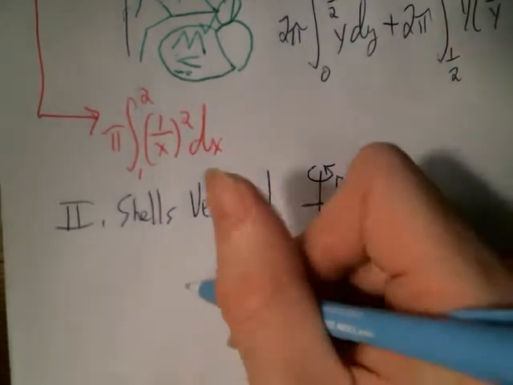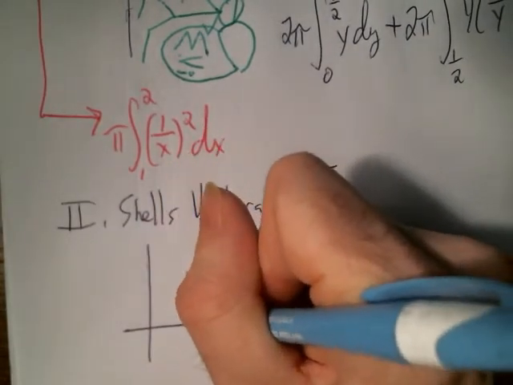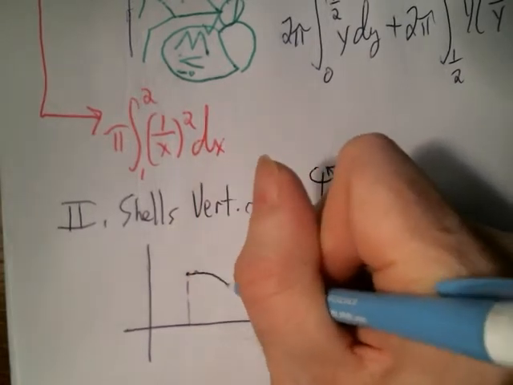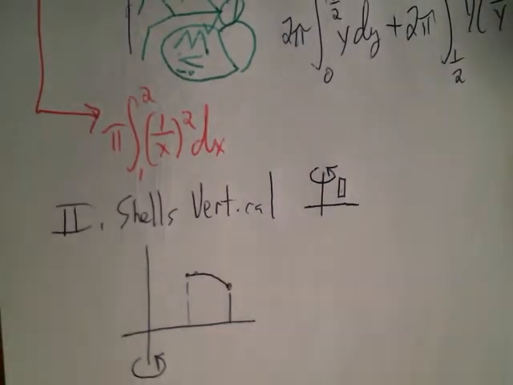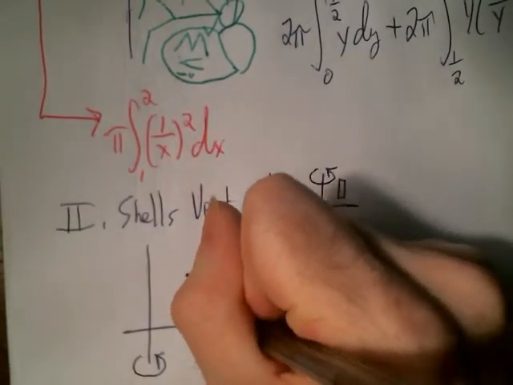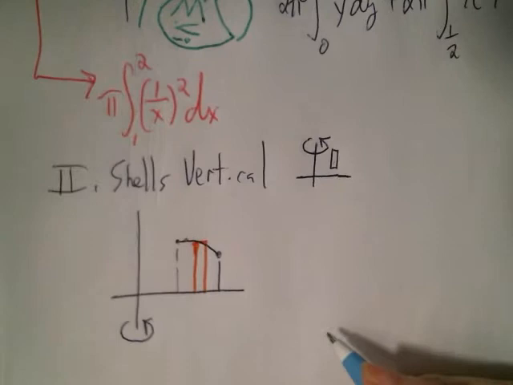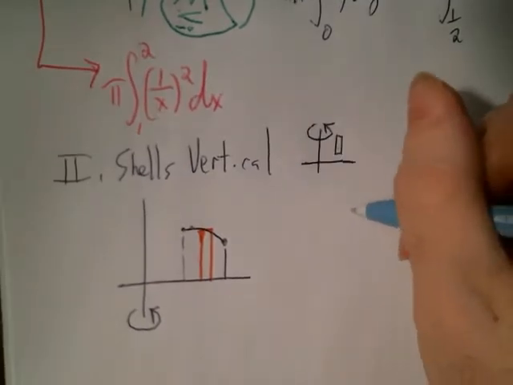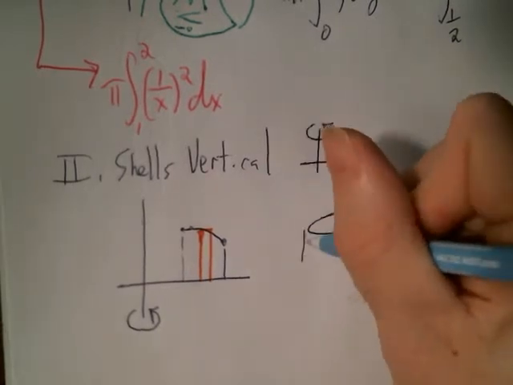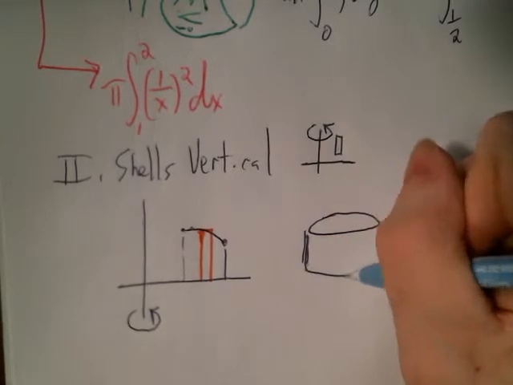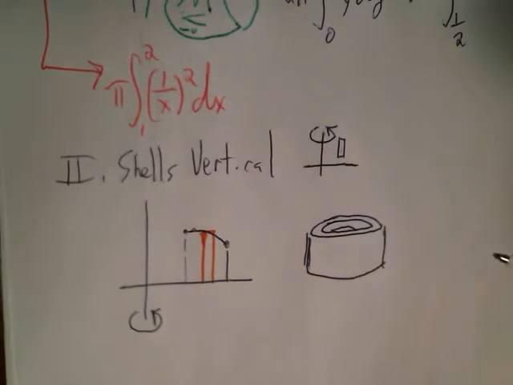Okay, so in particular, if we had some sort of region that we cared about being rotated about the y-axis, the shell rectangles are parallel to the axis of rotation. So I'm rotating this region, and the end result would be this kind of figure.